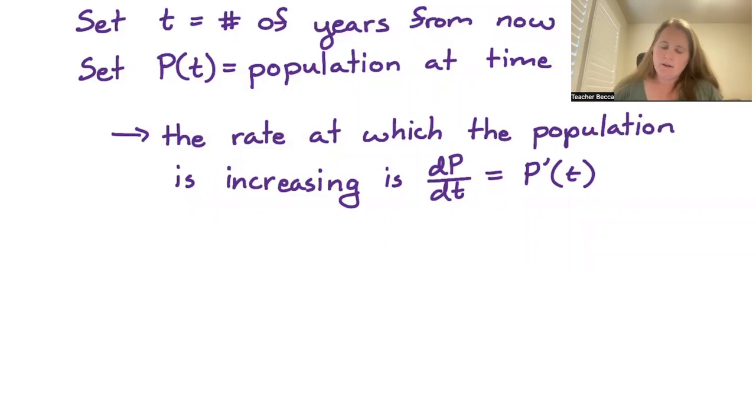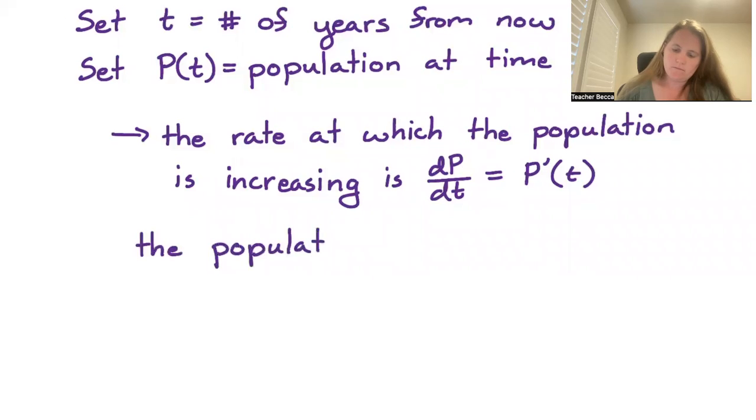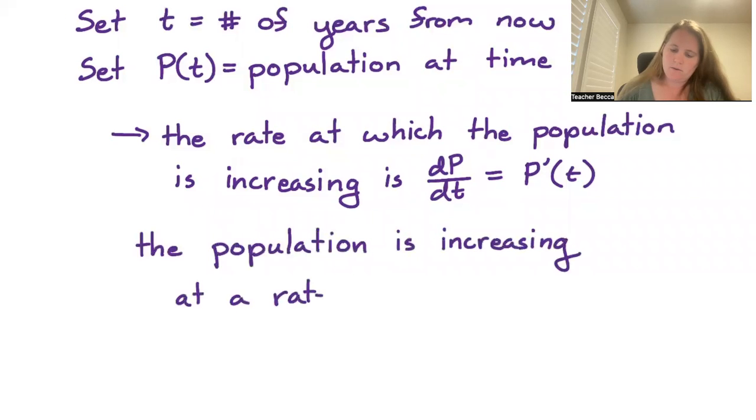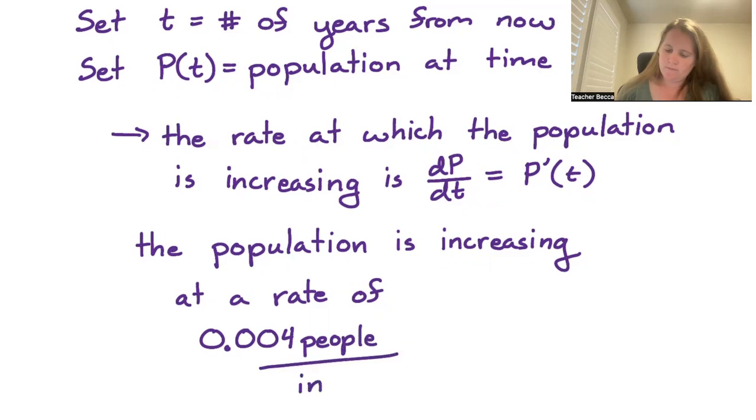Okay, so again, the population is increasing at a rate of 0.004 people per individual per year.